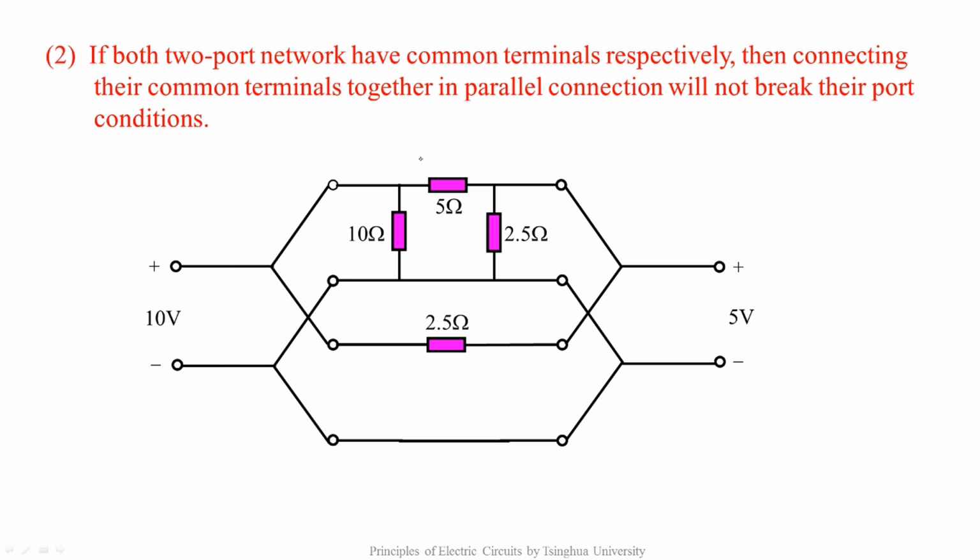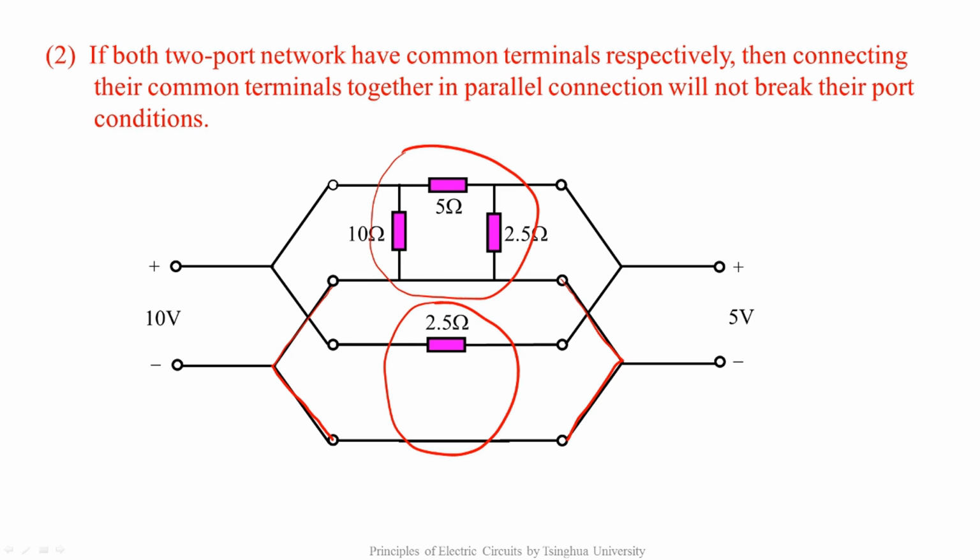For these two-ports, each two-port has a common terminal. Connect their common terminals together and connect the other terminals together. This parallel connection will ensure their port conditions not to be broken, because the parallel connection of these two short circuit branches will not change the current topology.